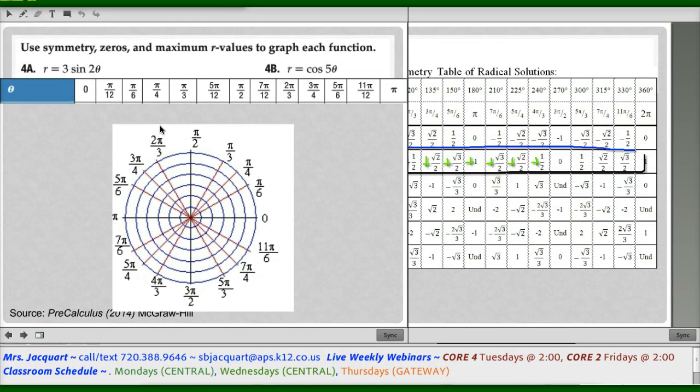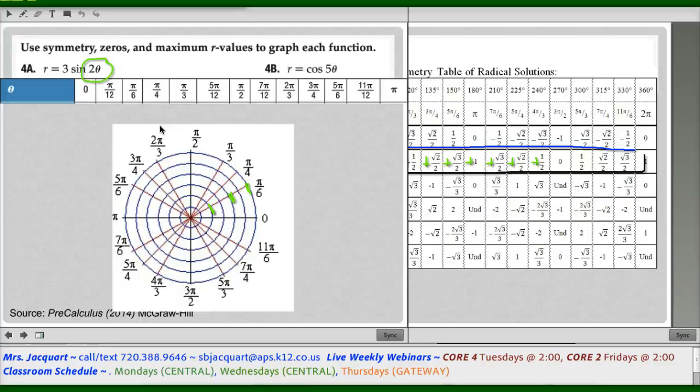So let's go ahead and show you what we have. Because this is 2, we actually have 4 legs. And it's going to go out 3 tick marks. So let's count this as 2, 4, 1, 2, 3.